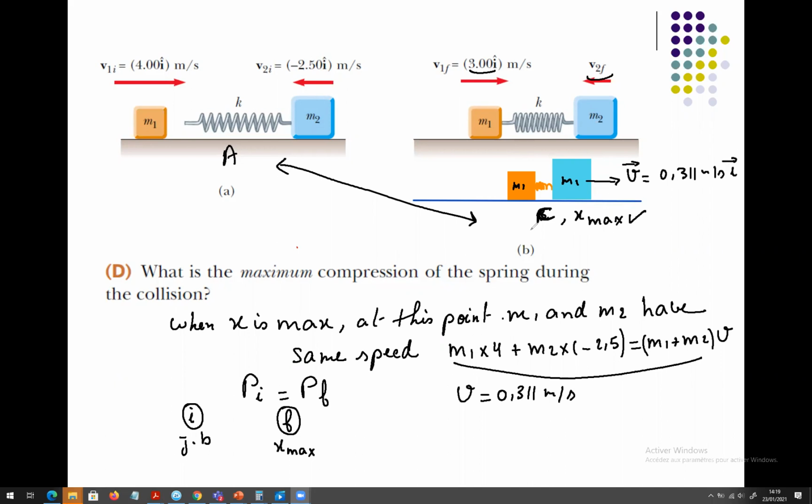Now I want to calculate X. We can also take between A and B, as mu equals 0. We can say the mechanical energy initial equals the mechanical energy final.